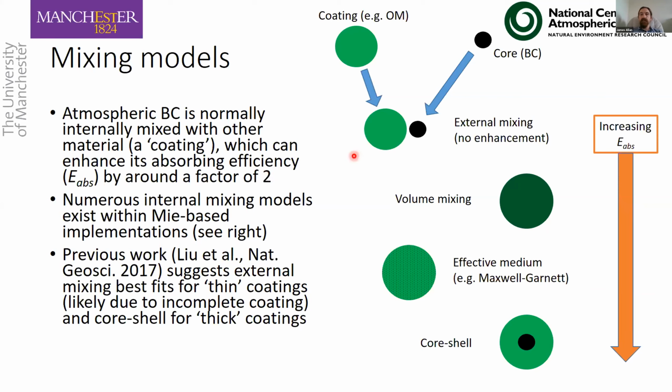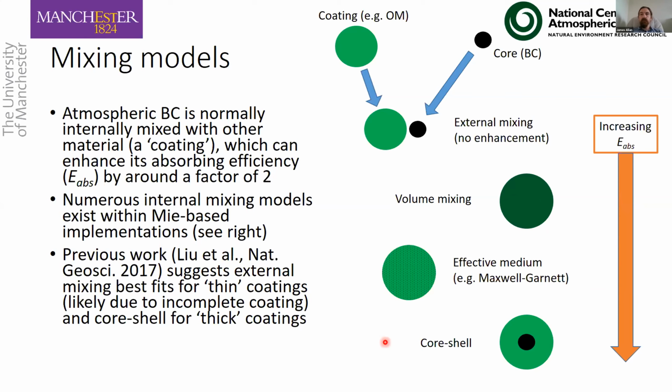The simplest way is just modeling them as separate particles. You can also volume mix them, so you mix them all together homogeneously, which probably isn't physically meaningful for black carbon. Another is an effective medium approach, such as the Maxwell-Garnett approximation. And then we have the core-shell approximation, which assumes that the black carbon is a solid core right in the middle.